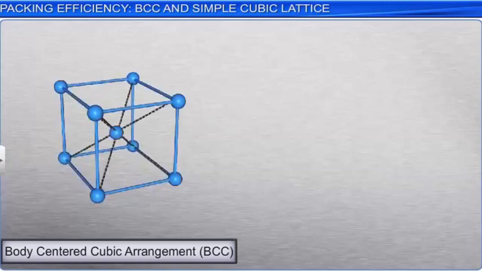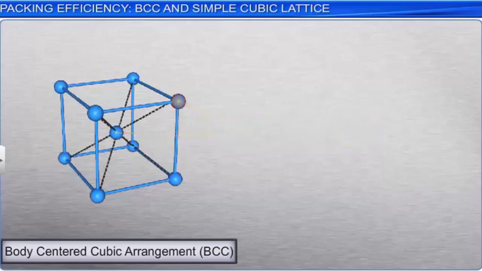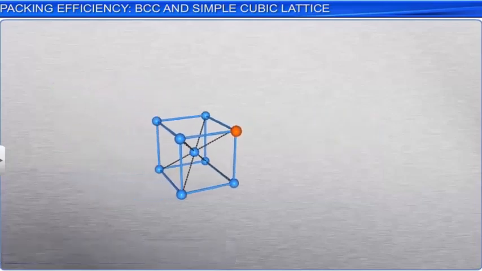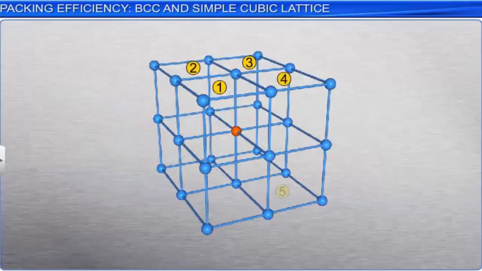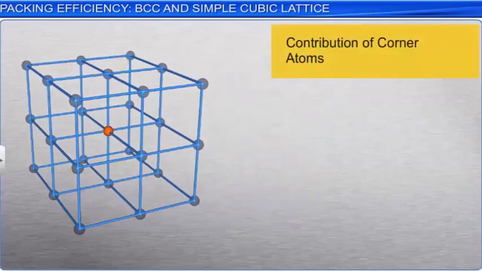You can calculate how many atoms or spheres each BCC unit cell contributes. Each sphere at the corner of a unit cell is shared by 8 surrounding unit cells. So the contribution of the corner atoms to a unit cell is 8 into 1 by 8, which is equal to 1.